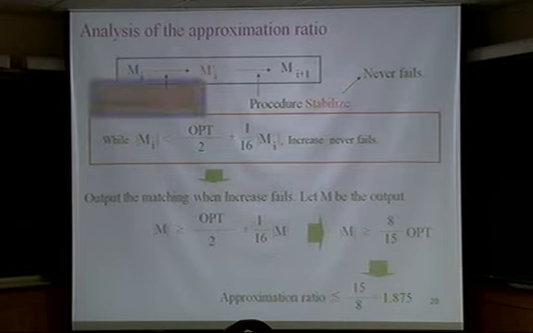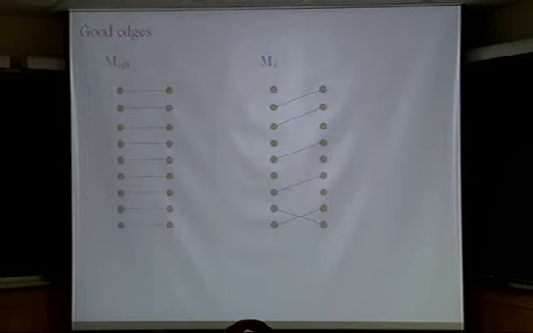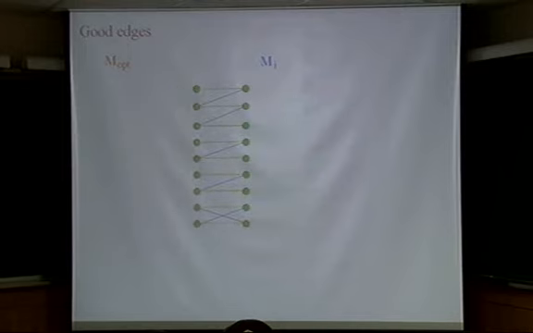And in this talk I would like to show the procedure increase. So I first define good edges. As before, let this be an optimal matching, and this Mi be our current matching, and we overlap these two matchings.